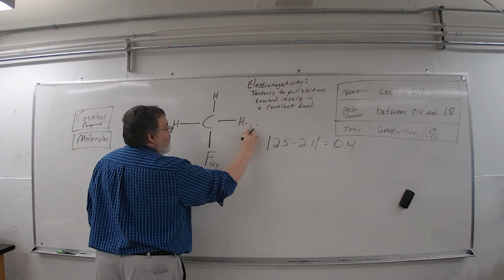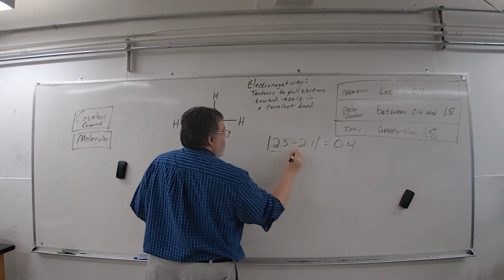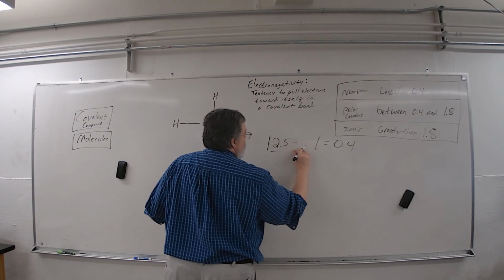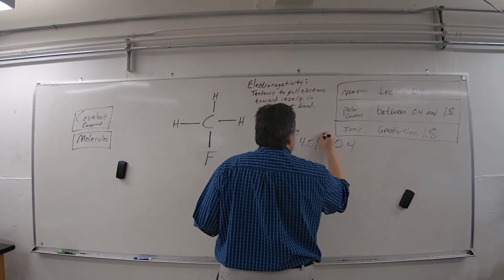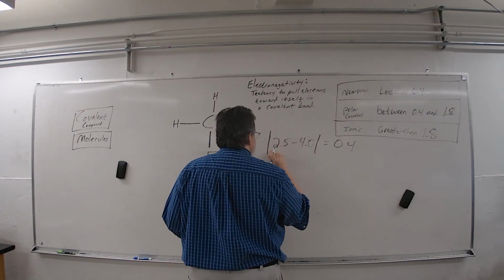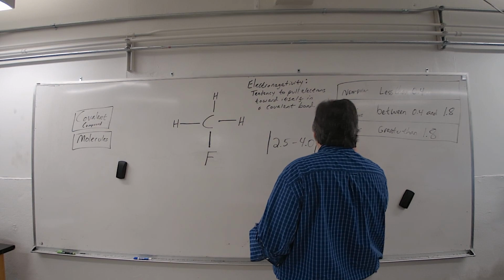But to tell you what polarity is, let's do the fluorine and the carbon. Carbon is 2.5, fluorine is 4.0. Take the absolute value. So what do you get, 1.5?